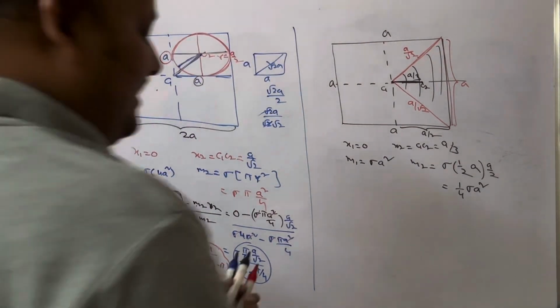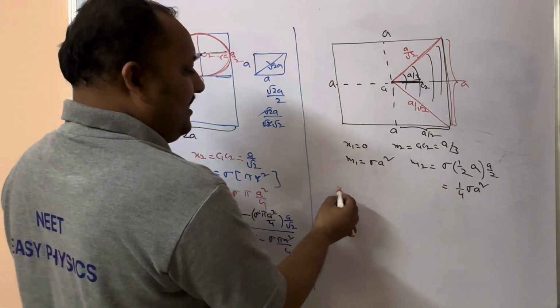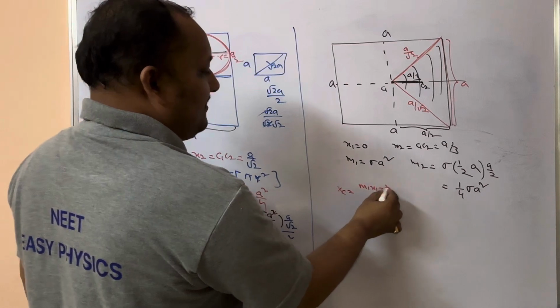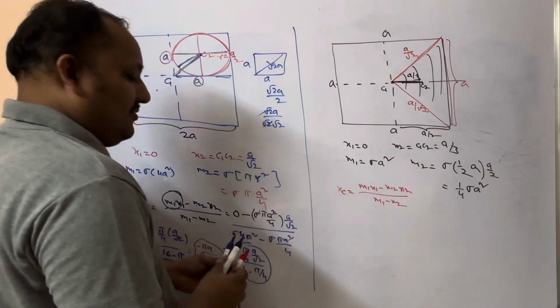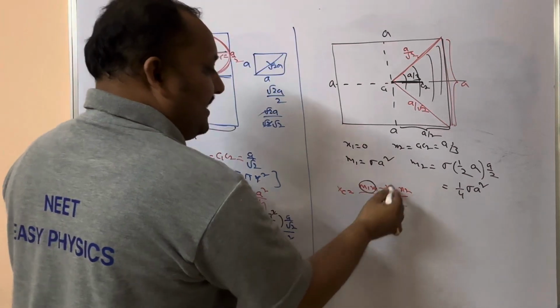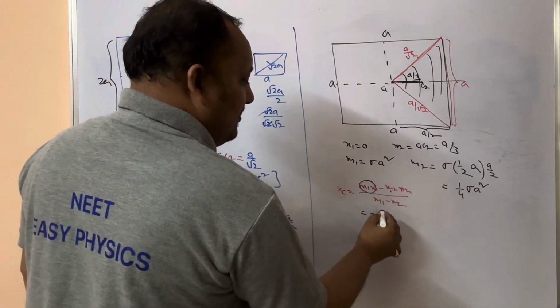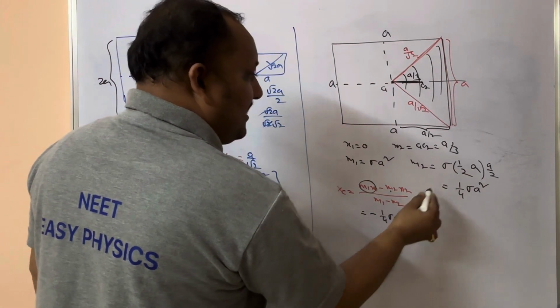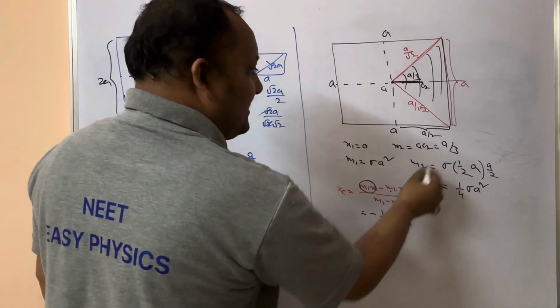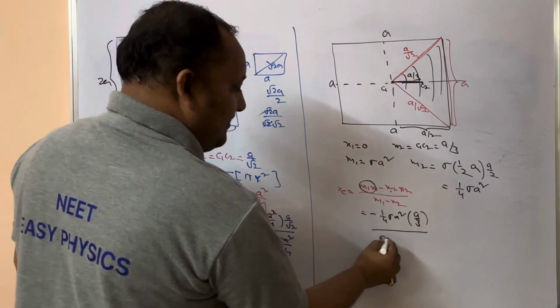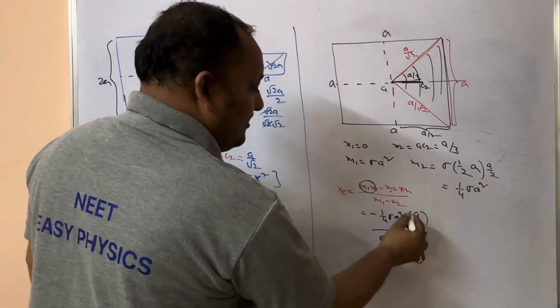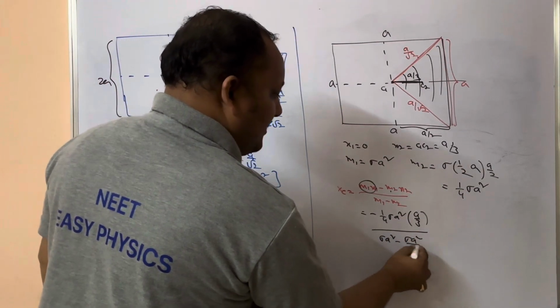After knowing area as base into height, again our formula is x equals m1 x1 minus m2 x2 by m1 minus m2. So this is 0 minus, what is m2 we wrote? 1 by 4 sigma a square into x2, which is a by 3, divided by sigma a square minus sigma a square by 4.